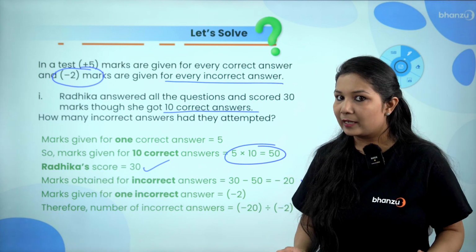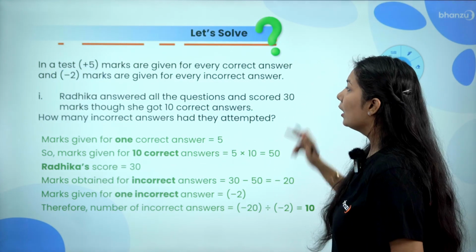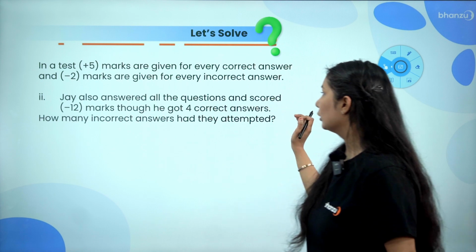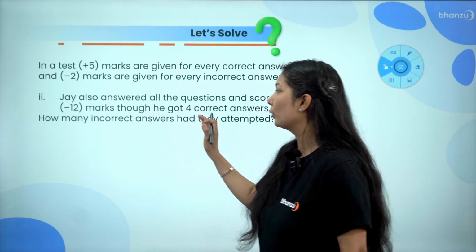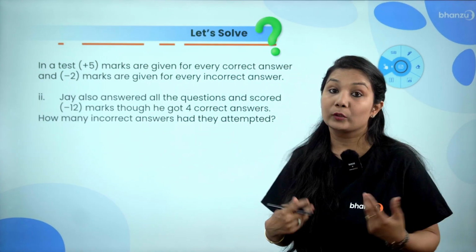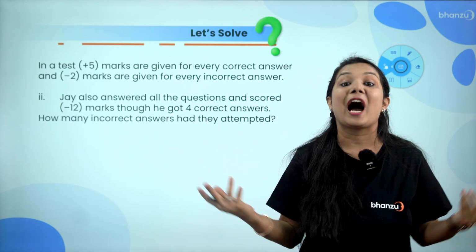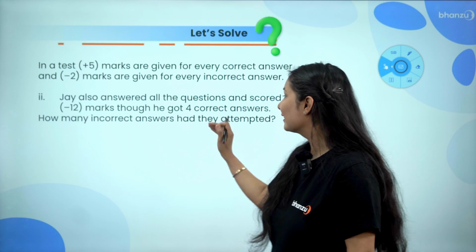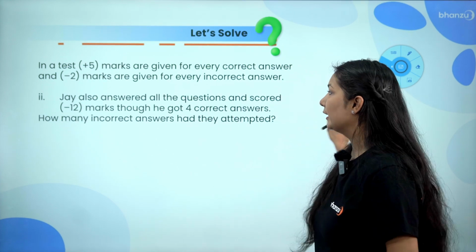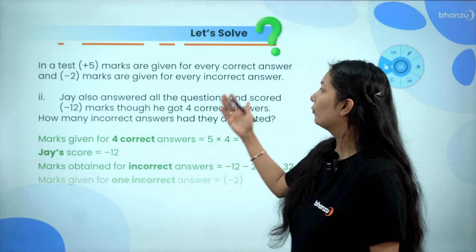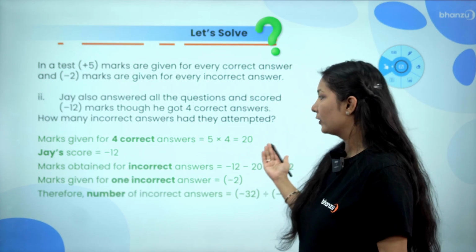Okay. Now we have one more of our friends who did the same exam, Jay. Jay also answered all the questions and scored minus 12 marks, right? So he got negative marks and he gave only 4 correct answers. So how many incorrect answers did he give? Let's check it out. Again, marks given for 4 correct answers would be 5 into 4, which is 20.